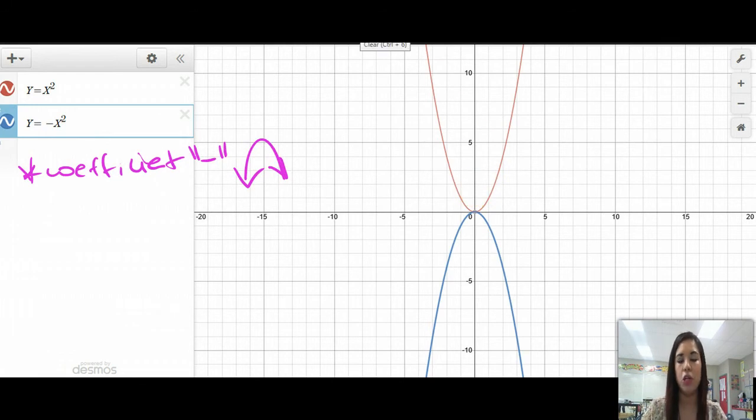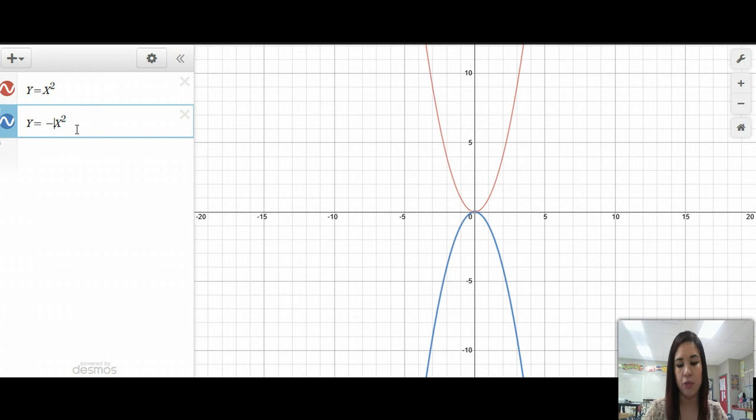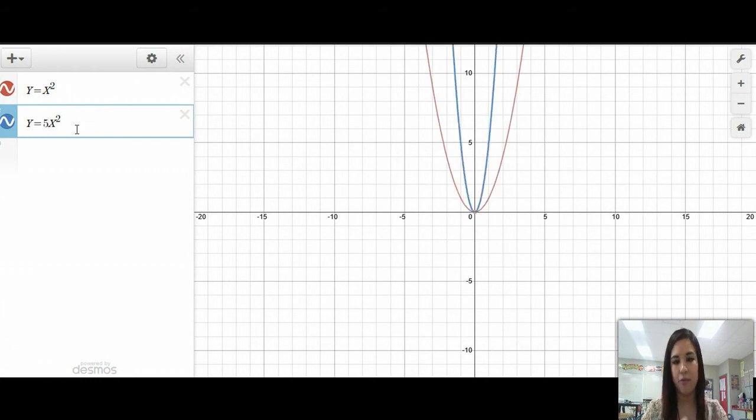Now let's try another change. Let's try changing it to a different number. Instead of just x squared, let's make it 5x squared. The red is the original, and what happened is now the blue. It was like this, and it went a little bit narrower.